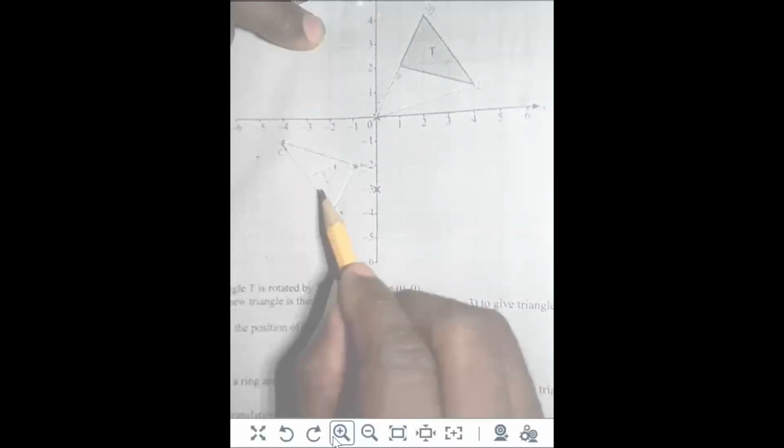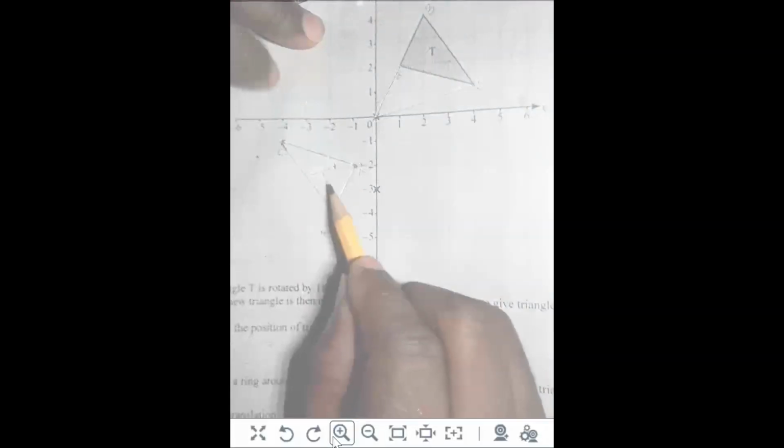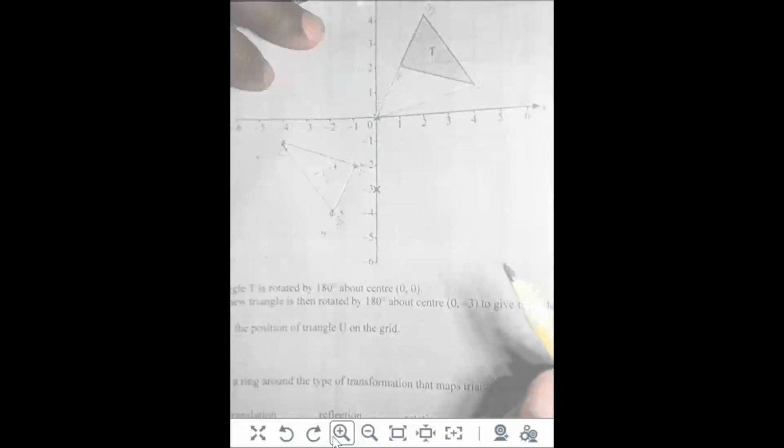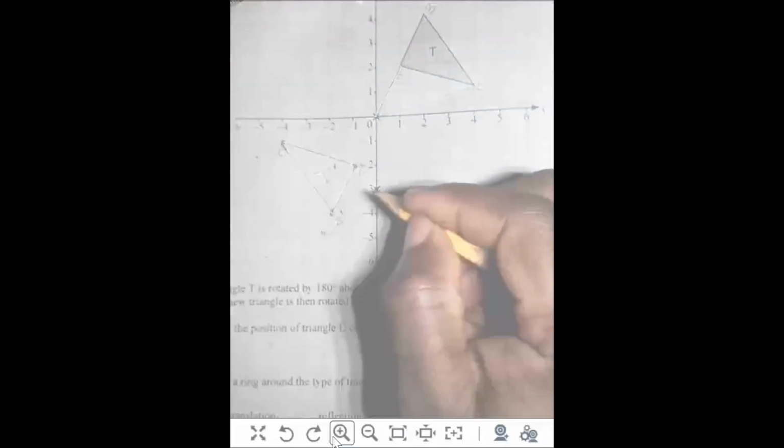So I've done the first part. The second part is to rotate this T prime by 180 degrees about the center (0, -3), which is this point. So I'm going to repeat the same steps. Let's take the first one, which is A prime. Let's draw a line from our new center of rotation to point A1 here and to A prime here.